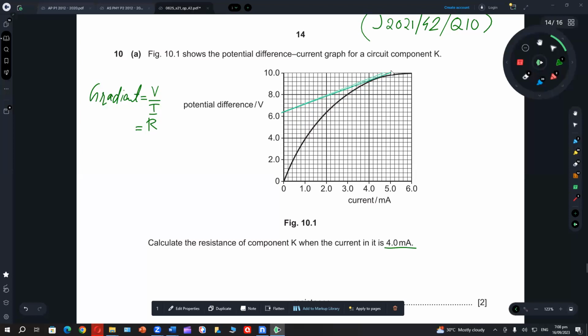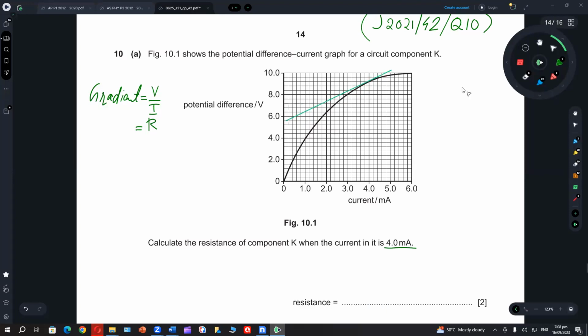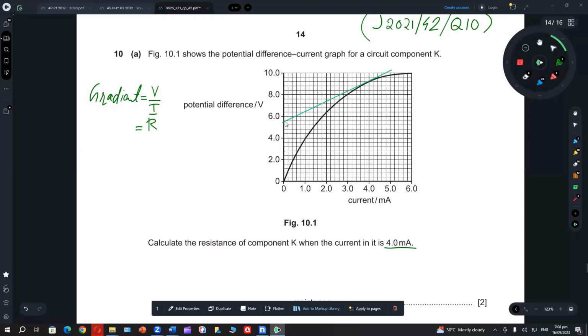Now let me try to fit it. I have drawn a tangent here, and I want to find the gradient of the tangent.